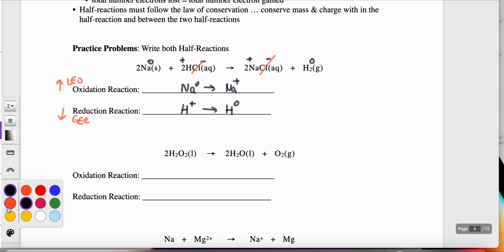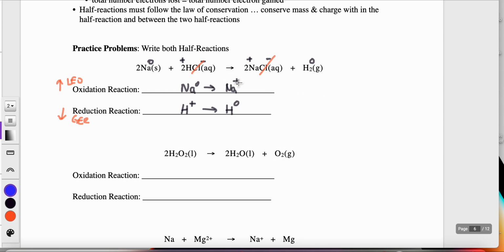Now, the other idea here is that whatever the total charge is on the left, it has to equal the total charge on the right. And if they aren't naturally balanced, we add electrons, negative charge, to help balance it. So here we have a charge of 0, we have a charge of +1.